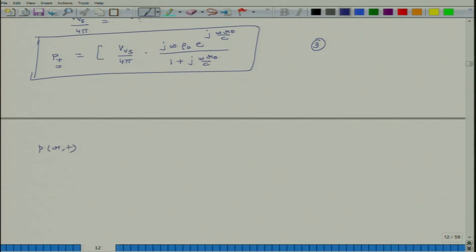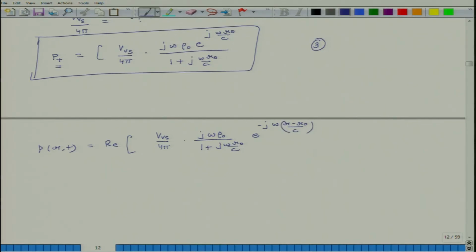So, pressure is equal to the real component of P plus, and P plus is this long thing, which is V V S divided by 4 pi, times j omega rho naught divided by 1 plus j omega r naught divided by c, times e to the j omega r naught by c.